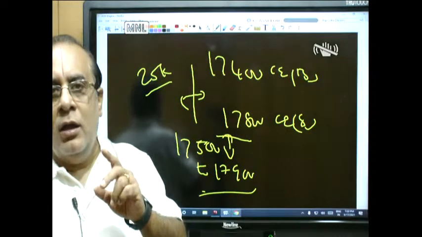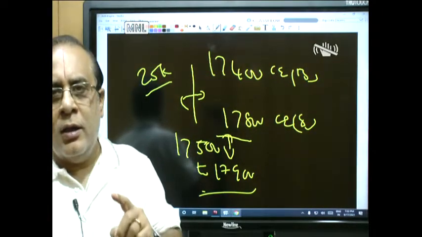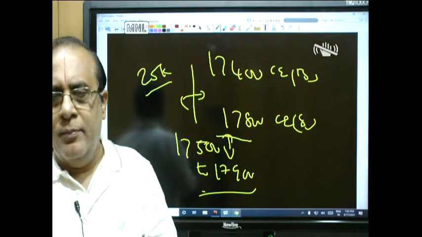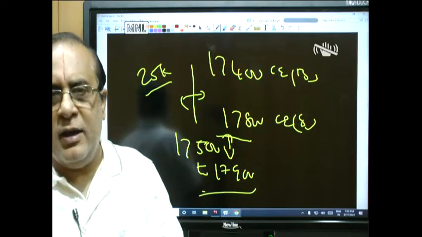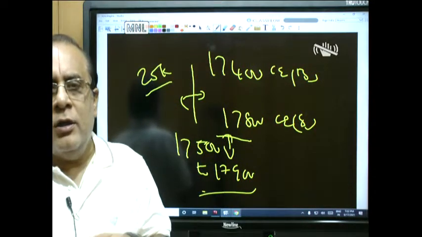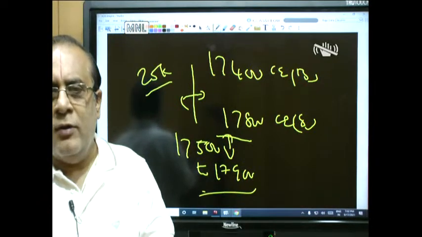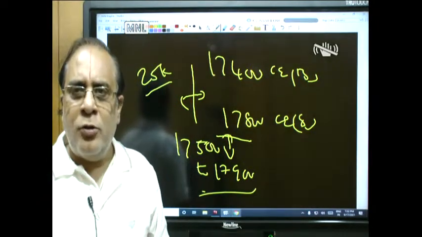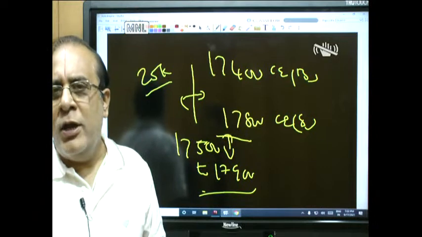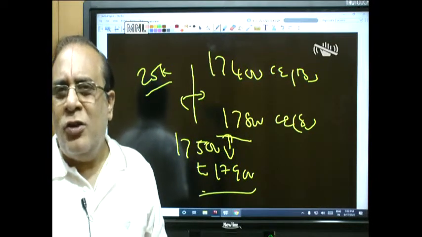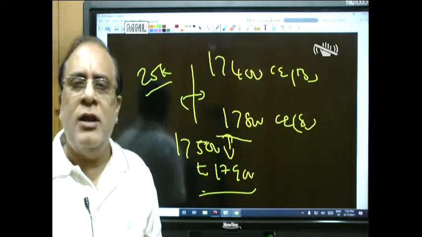So you are paying for an option for next week, right? The market has closed today at around 17,585 or 590. So approximately 20 rupees you are paying, so 0.1%. The total cost that you are paying is around 4.8 to 5% on an annualized basis.